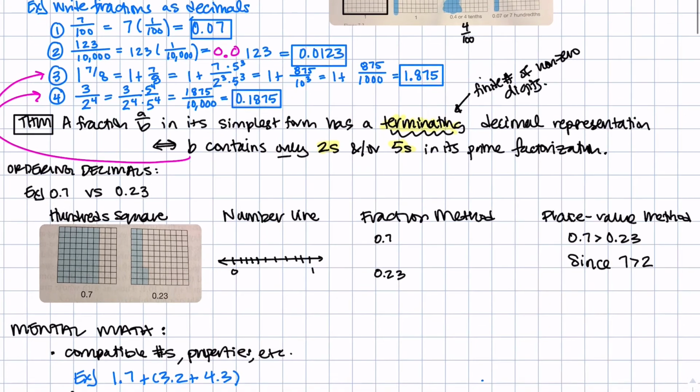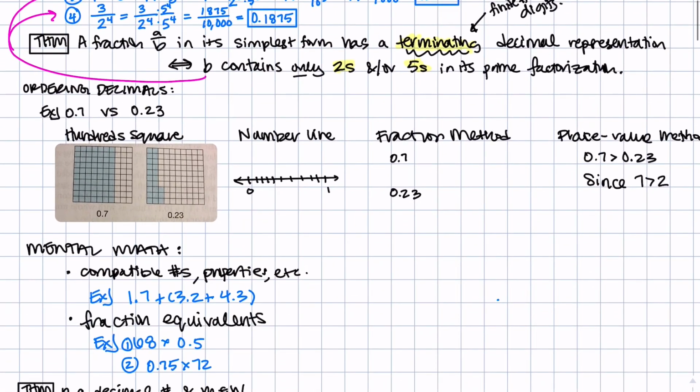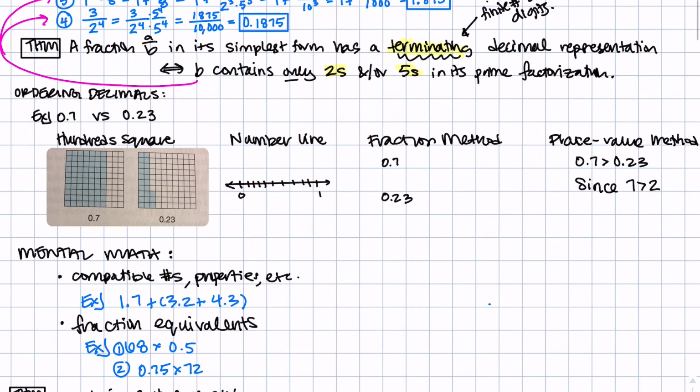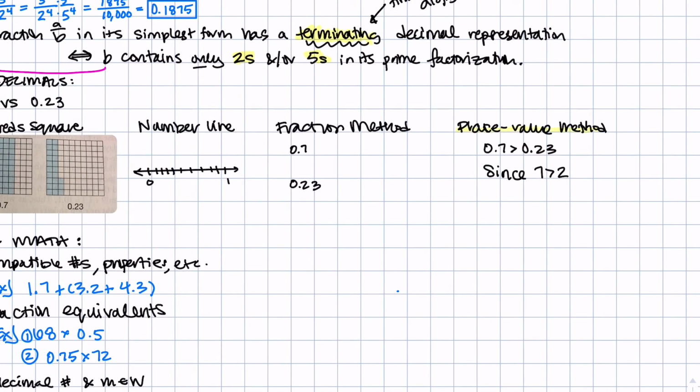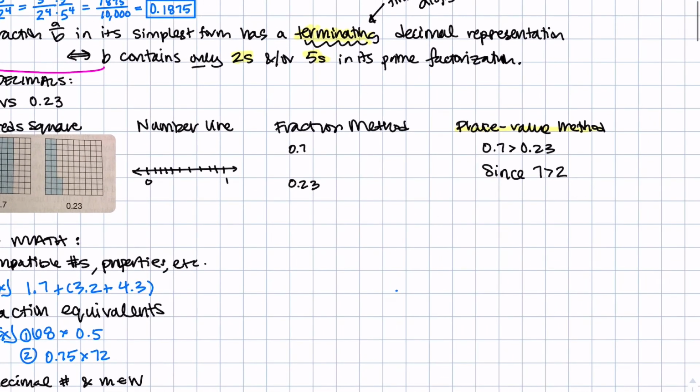So, a little more abstractly, let's talk about ordering decimals. Probably the most intuitive way of ordering decimals is the last method I talk about here, the place value method. If I'm comparing 0.7 and 0.23, I know that 0.7 is bigger than 0.23, and that's what this inequality says.